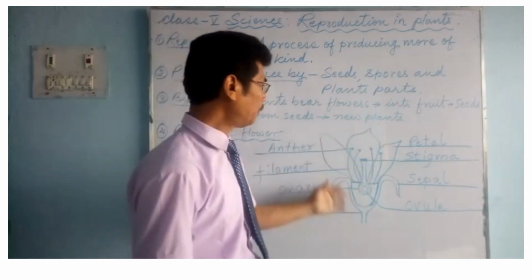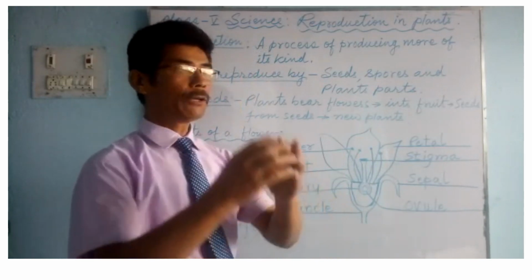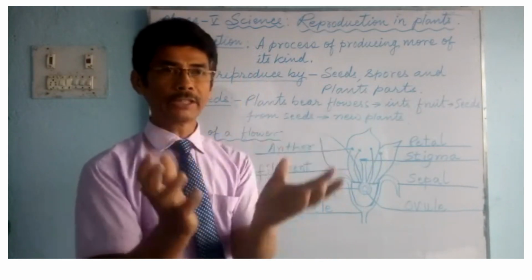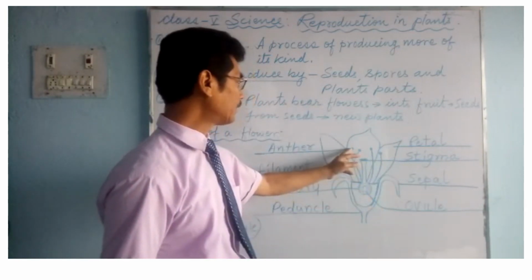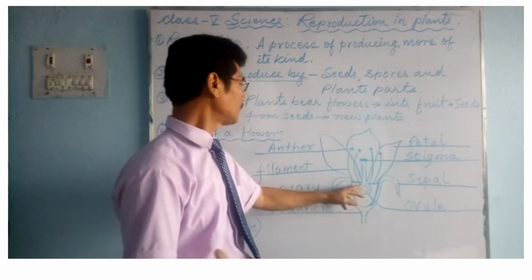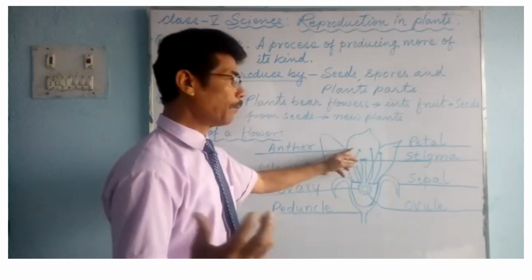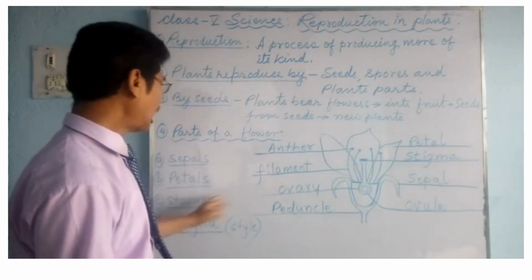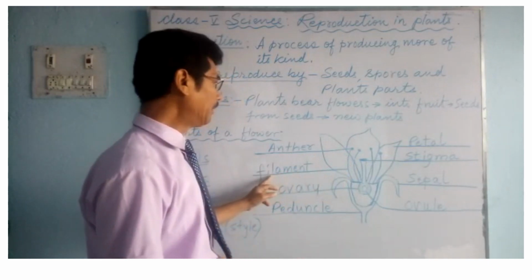So these are the parts of a flower, and when the flower blooms and it withers, a fruit is born because it has got a male and a female part inside. So the male part is the anther, the top portion. This is a stamen. This is a filament-like substance, that is called a filament.